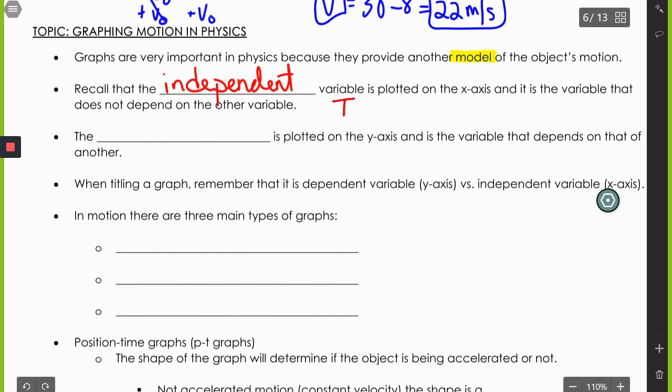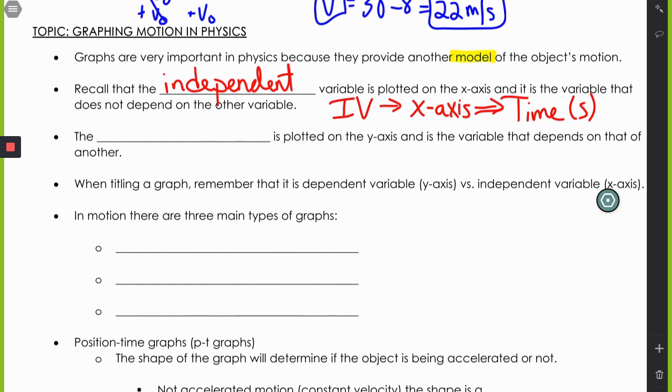Sometimes we'll abbreviate it IV. You'll see that pop up. But again, it's on the x-axis. And for us in motion, the independent variable we're going to work with is time, measured in seconds. Although you'll see in one of the examples, it's going to be measured in minutes, but it doesn't matter, as long as your units are consistent for your axes.